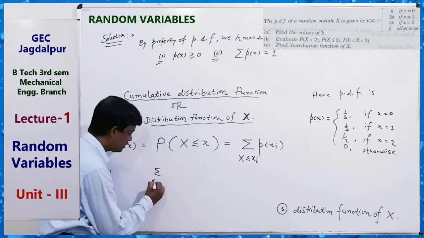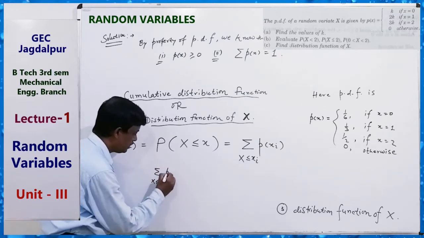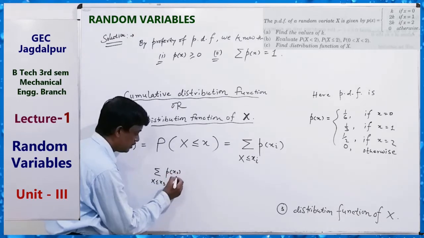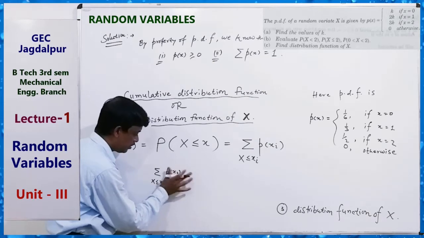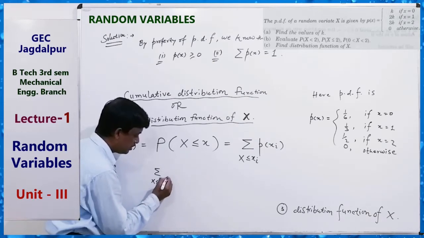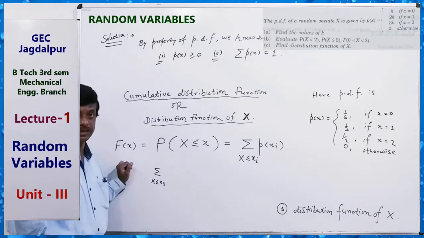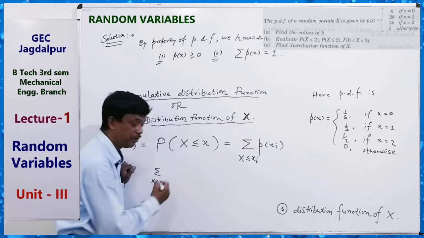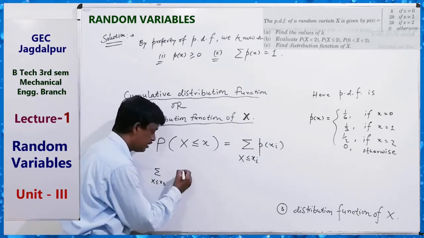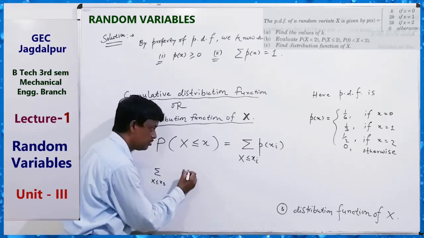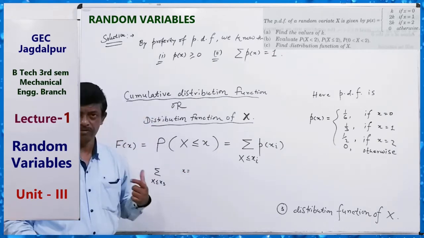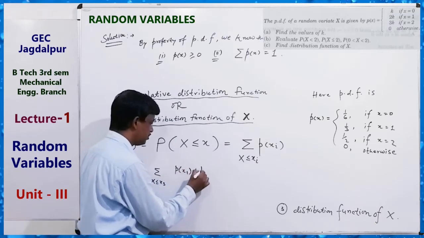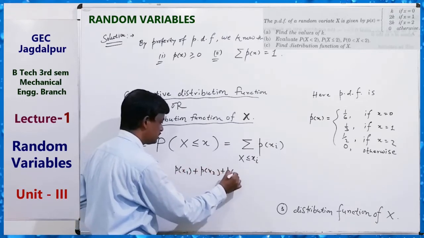Then for x less than or equal to x3, we have to write, for lower value x1, probability p(x1) plus probability p(x2) plus probability p(x3).